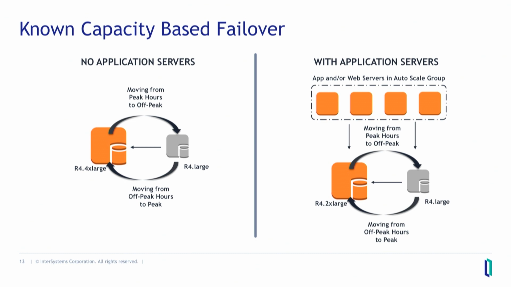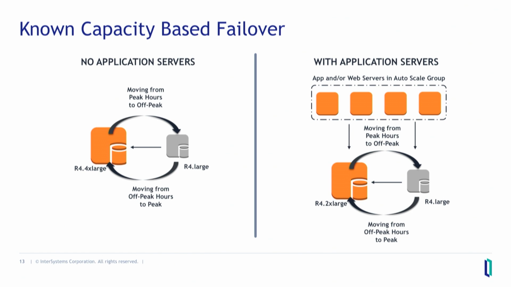The one on the left here shows no application servers. So you could have at night, or even if you want to take the day as a risk during the day, you allocate your full resources. Here I'm showing, I think it's an R4 4xlarge instance.